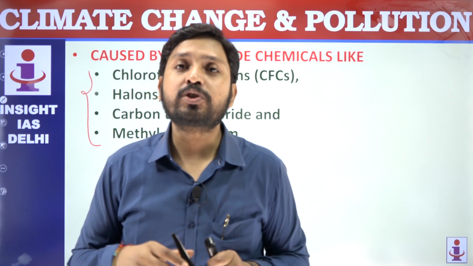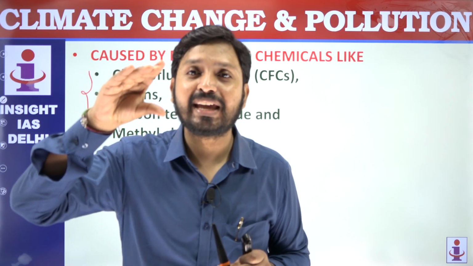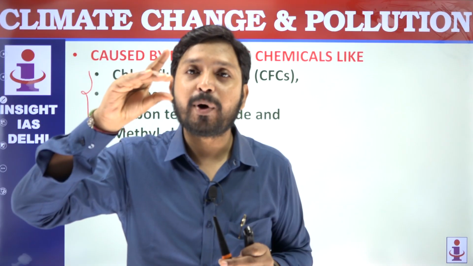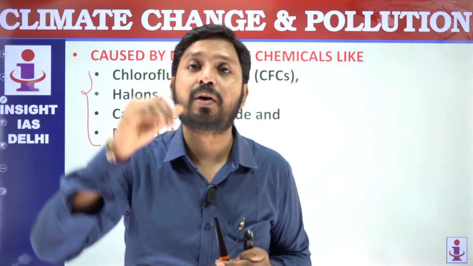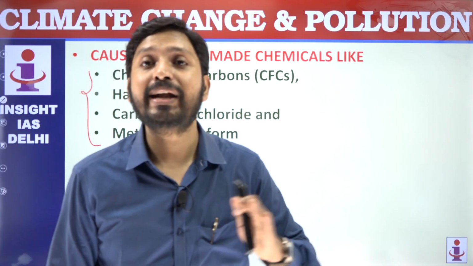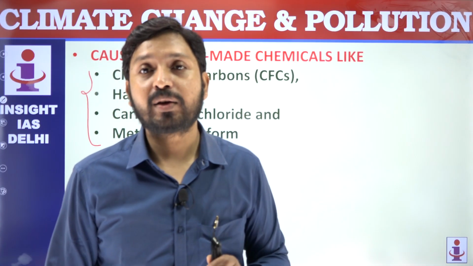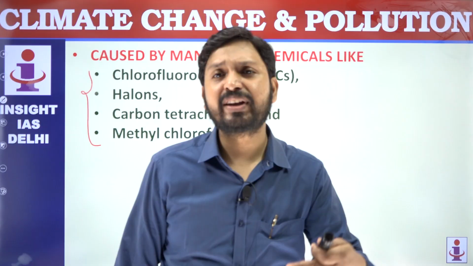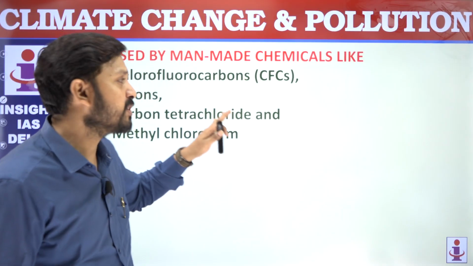If ozone molecules are destroyed, the ozone layer thickness will keep on reducing. That thickness reduction of the ozone layer is nothing but ozone hole formation, which is prominently seen over Antarctica, because the conditions are very cold there.